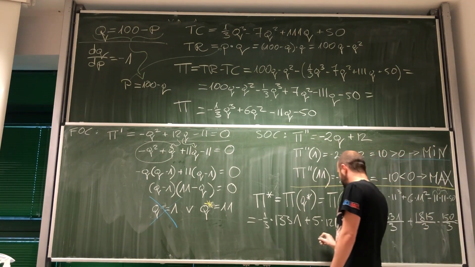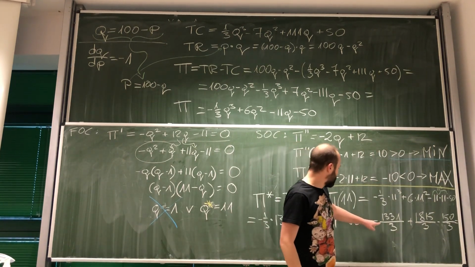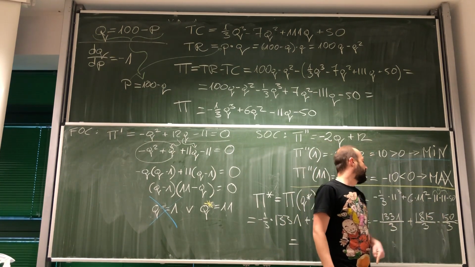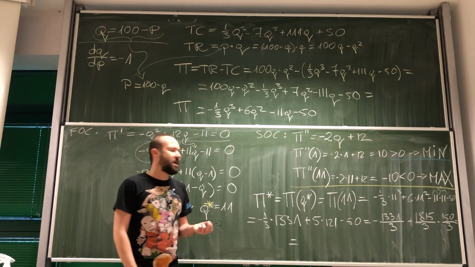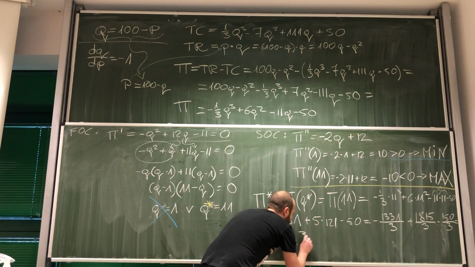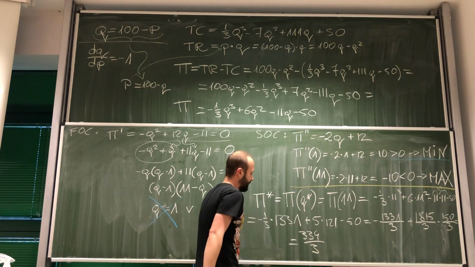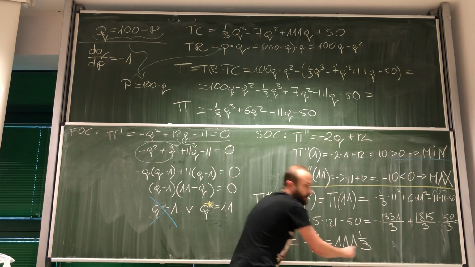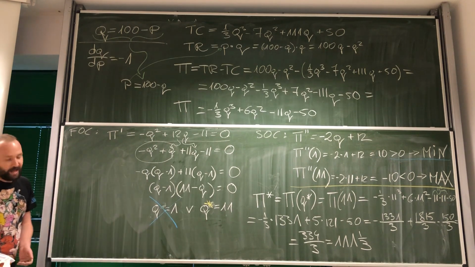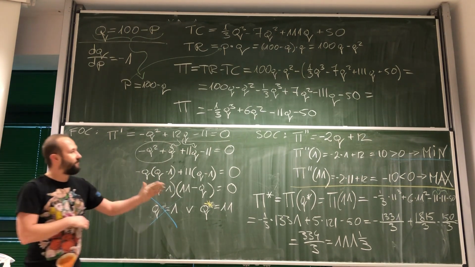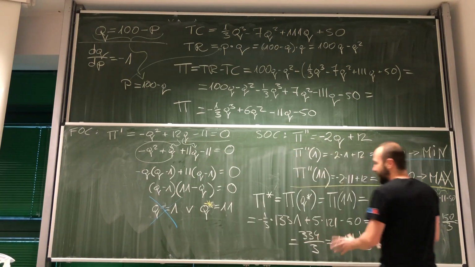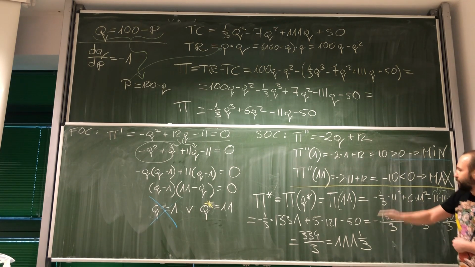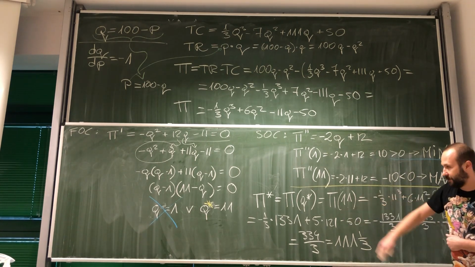So finally, if I take this, subtract 1,331 and 150, I'm going to get that this is 334 over 3, or simply 111 and 1/3. 111 and 1/3 is the maximum value of the profit we can obtain, and we are obtaining it when we produce 11 units.